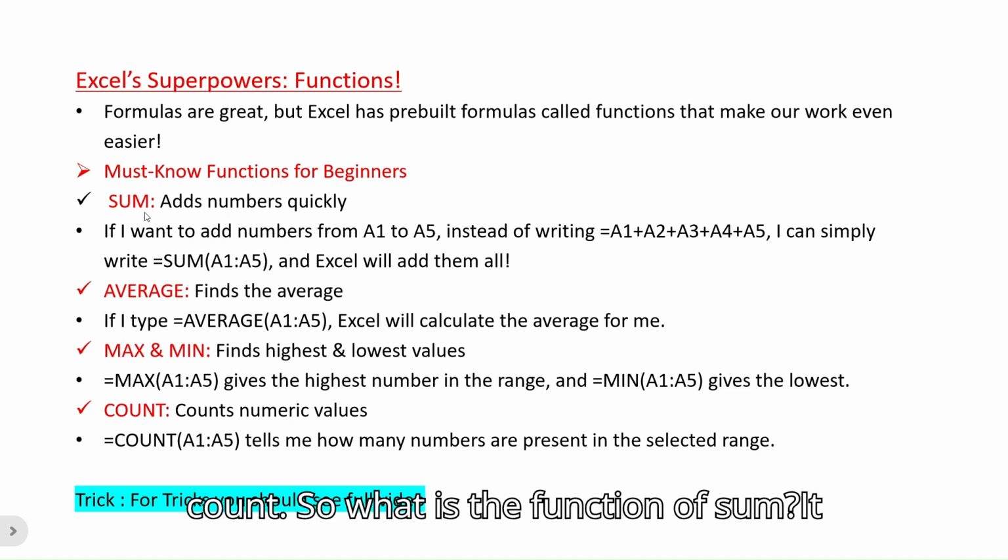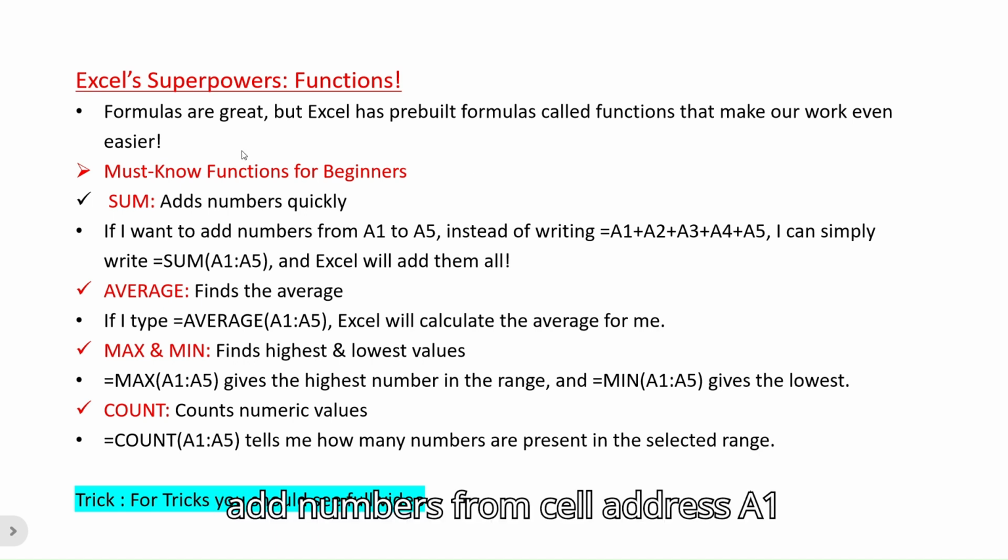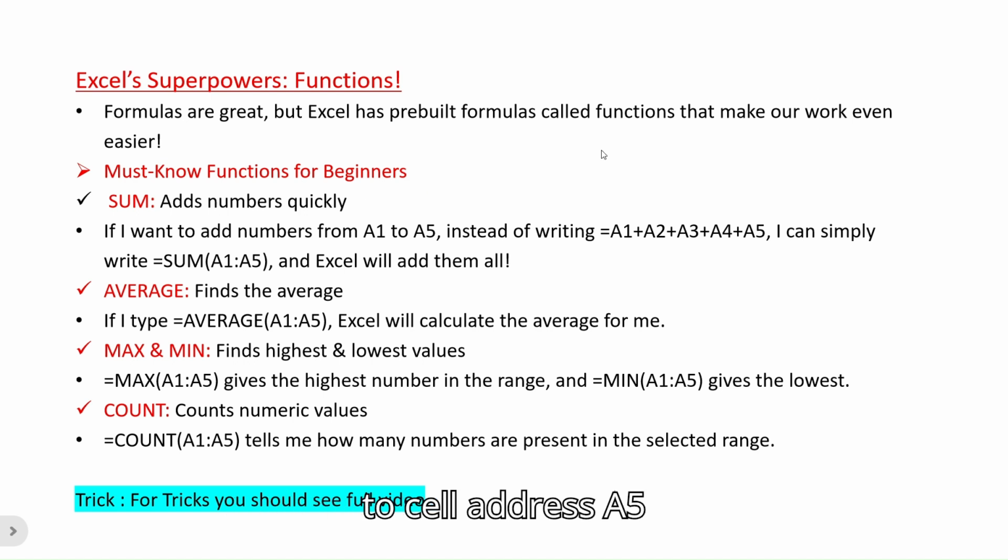So what is the function of sum? It adds numbers quickly. If you want to add numbers from cell address A1 to cell address A5, a beginner will do A1 plus A2 plus A3 up to A5.